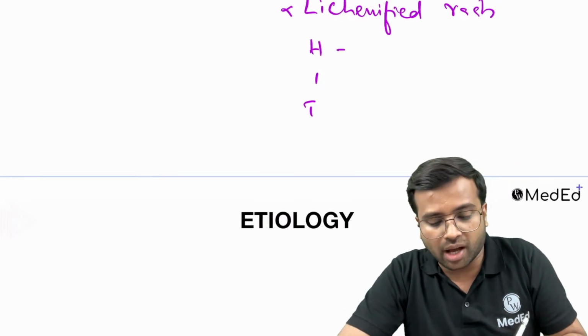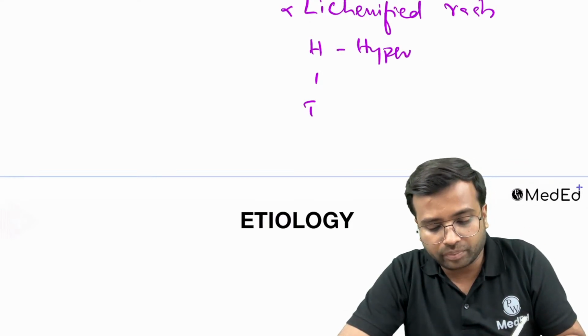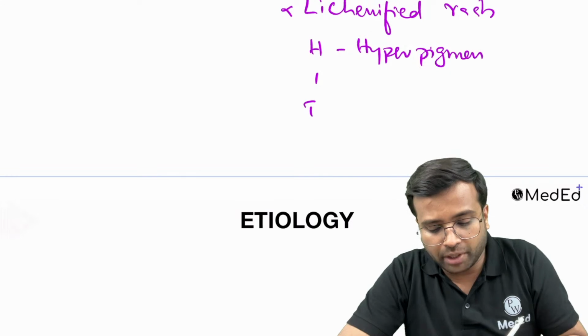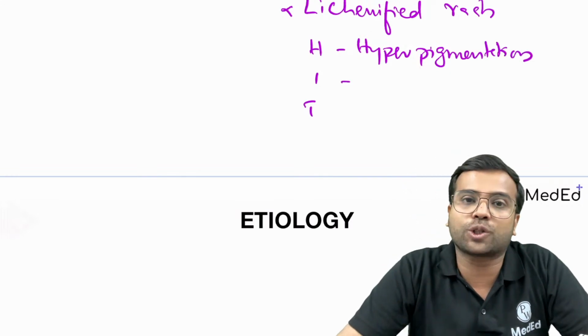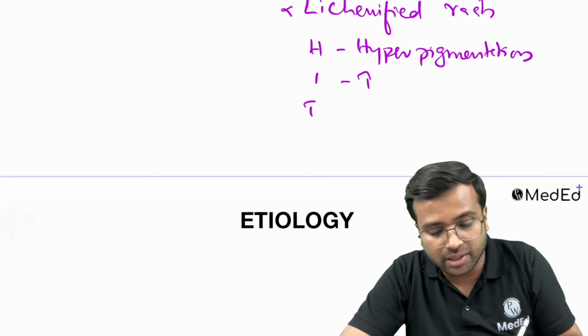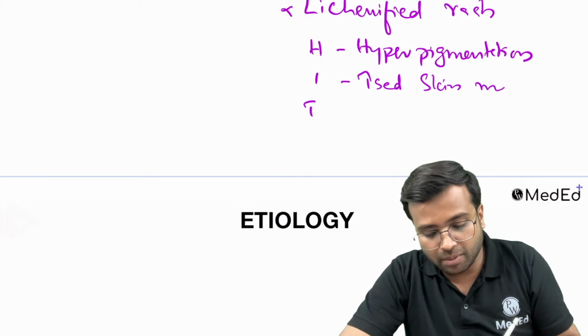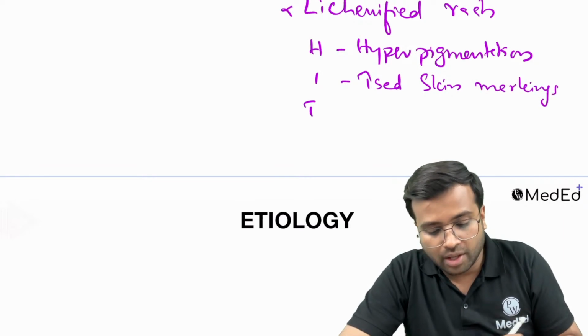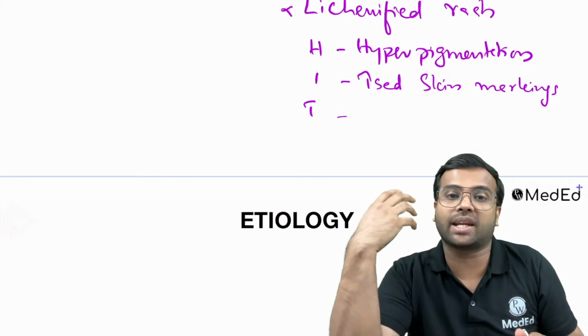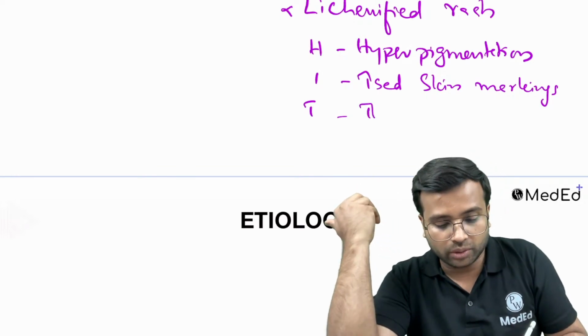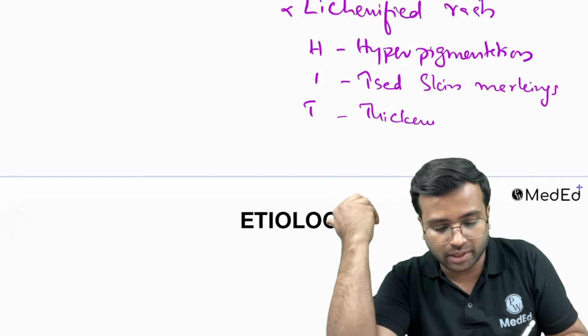H means there is a hyperpigmentation. Along with hyperpigmentation, you can also see there are increased skin markings. And finally, once you palpate over the skin, you can feel that the skin has become more thickened. So there is a thickening of the skin.